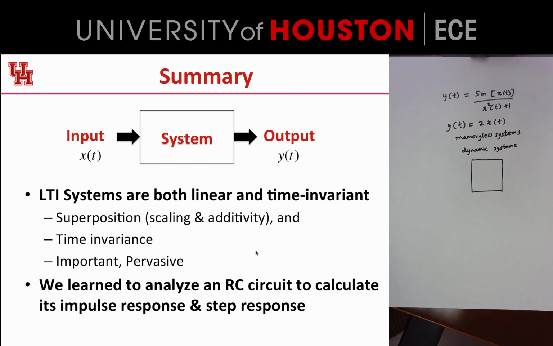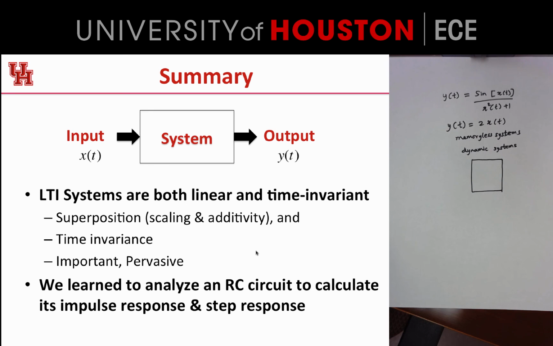Happily, the world is full of such systems, and they are pervasive in that sense. They're also important because a lot of important systems happen to be linear time invariant. So expect to work with linear time invariant systems for a long time, long after this course is done, as you go about practicing in your career. You will encounter these systems quite a bit.